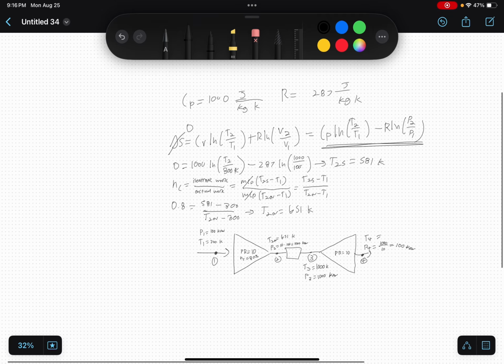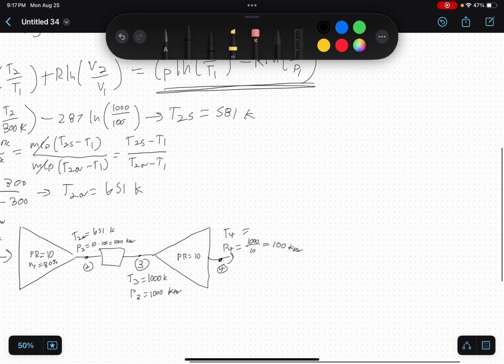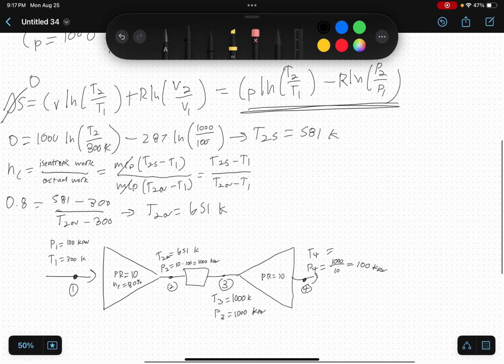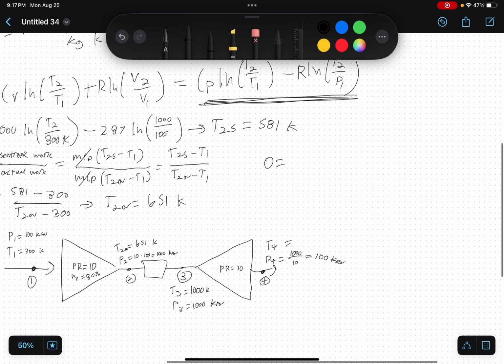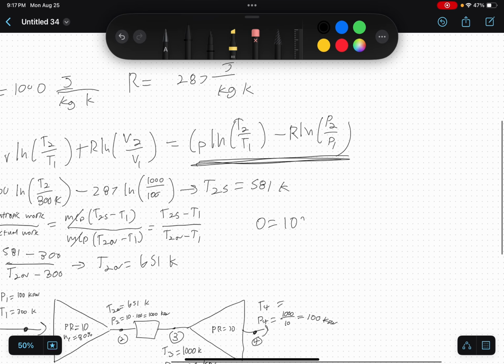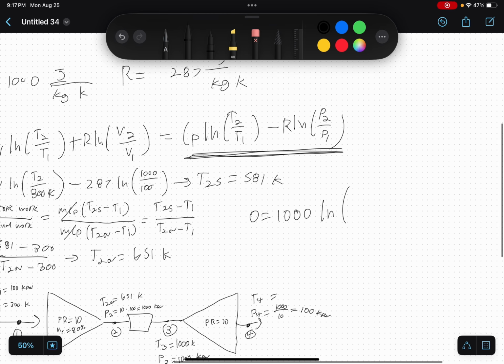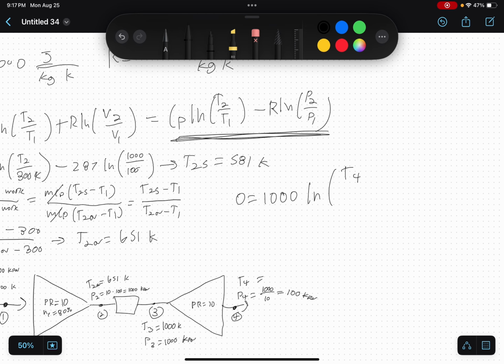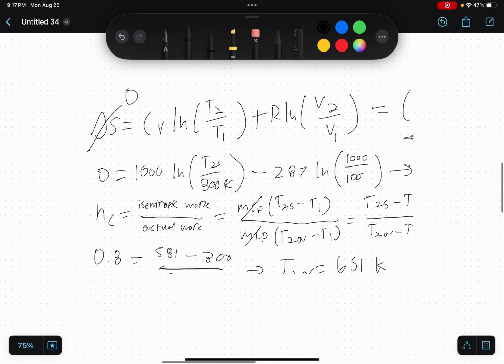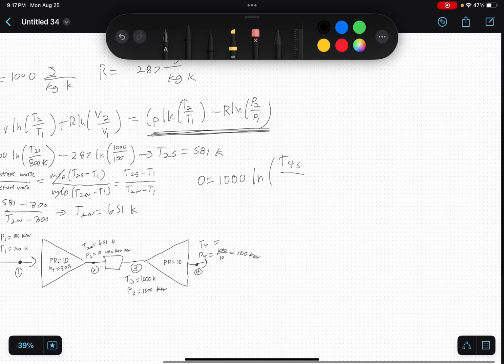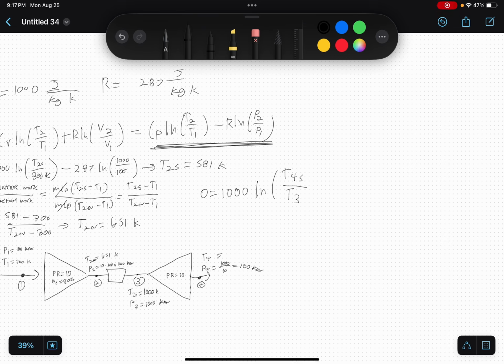and we have to do a very similar thing as with the compressor. So let's start by doing this equation again, very similar to how we did it right here. 0 equals 1,000 ln T4S, this should be T2S, T4S over T3 minus R ln P4 over P3.